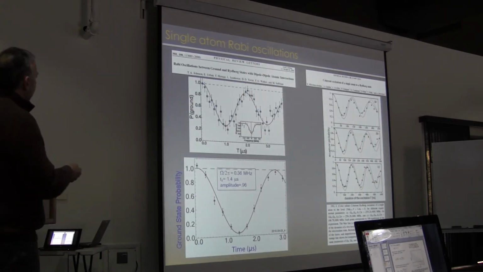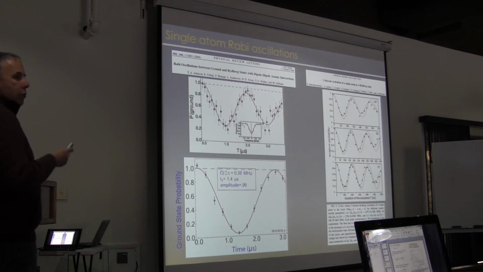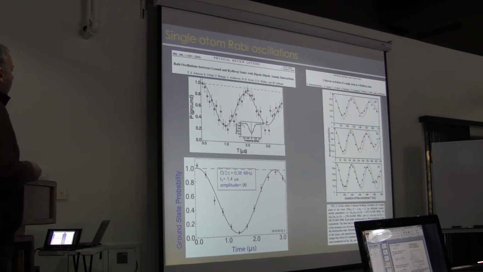This is an example now with single atoms, which are well localized under the spatial profile of the exciting laser, from our group in Madison, in collaboration with Pat Walker. So you see, starting with an atom in the ground state, going up to a Rydberg state and back down, and you start to see very high contrast here.